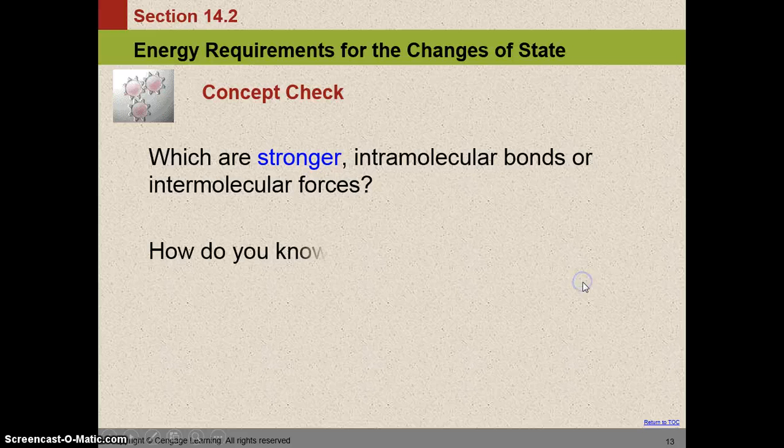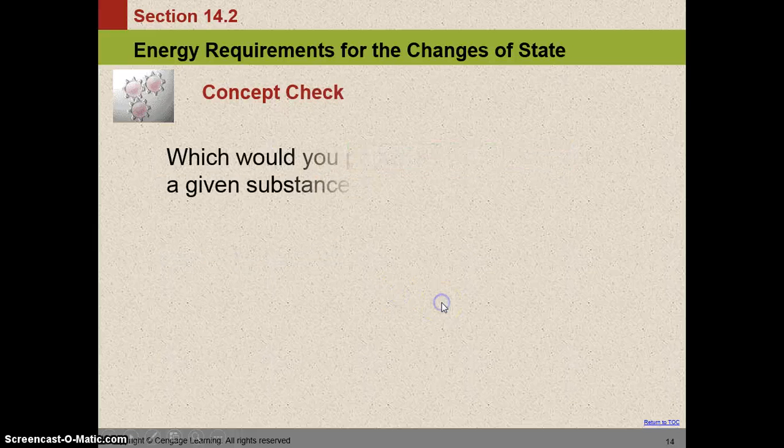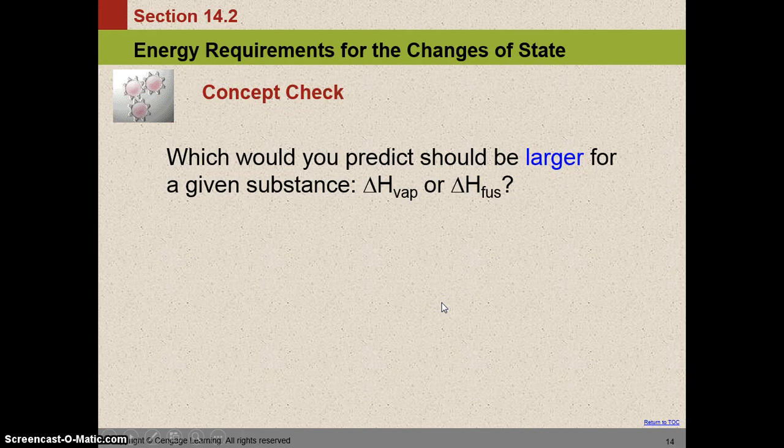So which are stronger, intramolecular bonds or intermolecular forces? And of course it's intramolecular bonds. That's because it holds the whole compound together, the whole molecule together. Which would you predict should be larger for a given substance, the delta H of vaporization or the heat of fusion?